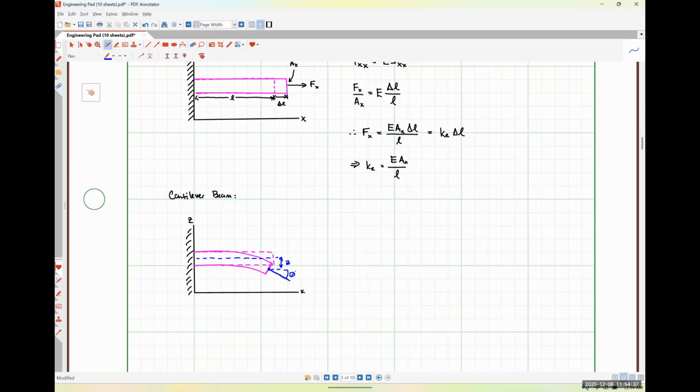Okay. Now, unfortunately for us, this kind of movement isn't nearly as easy to mathematically model. So we're going to have a differential equation that governs our beam displacement in this case.